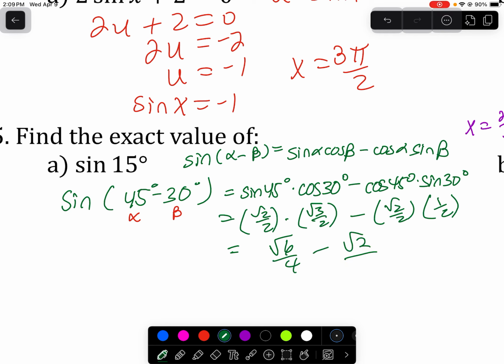Radicals can multiply inside with other radicals. Non-radicals can't, so be careful. And then just write it over one denominator. These usually have a denominator of 4. We usually will see square root of 6 and square root of 2, sometimes added, sometimes subtracted. It just kind of depends upon which formula you are using. So that is example 5A.